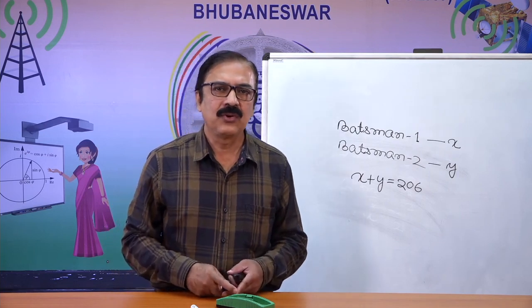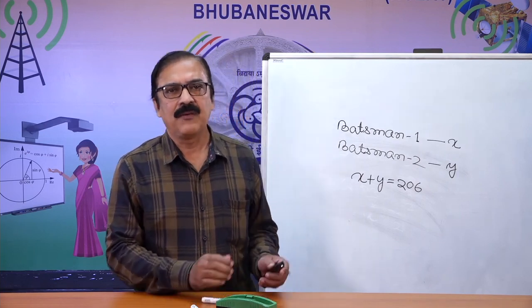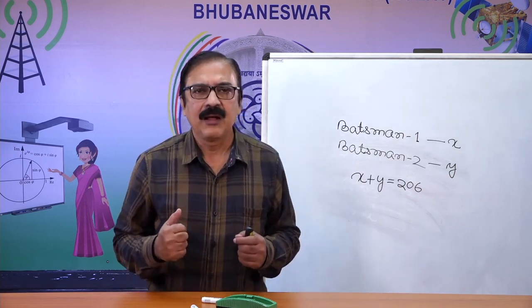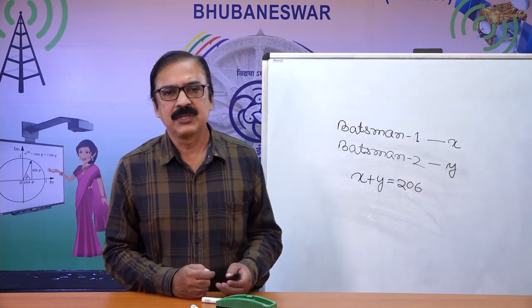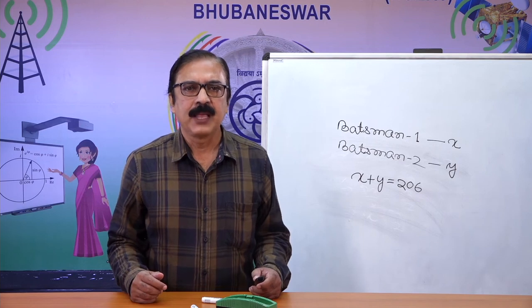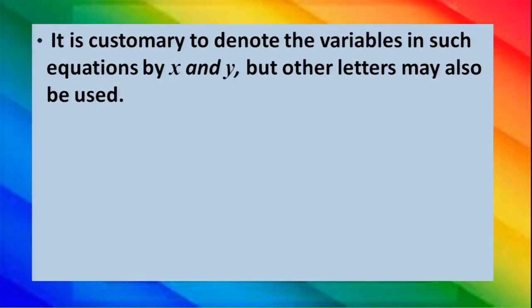So here we have two variables. As we don't know the values of score 1 and score 2, we can take those as variables. So here X and Y are variables. It is customary to denote the variables in such equations by X and Y. But in some other situations, we can also use other letters for forming an equation.